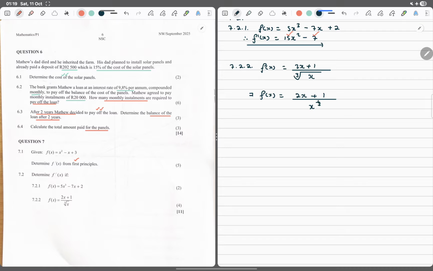So we get that rational exponent, right? Inverse operations. So f of x equals 2x divided by x to the third. Remember that the denominator divides each one of those terms in the numerator.